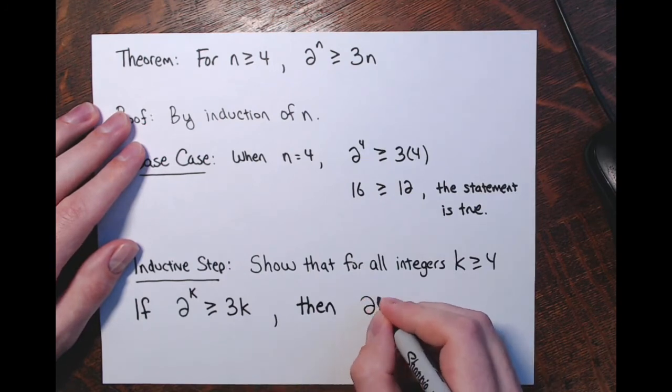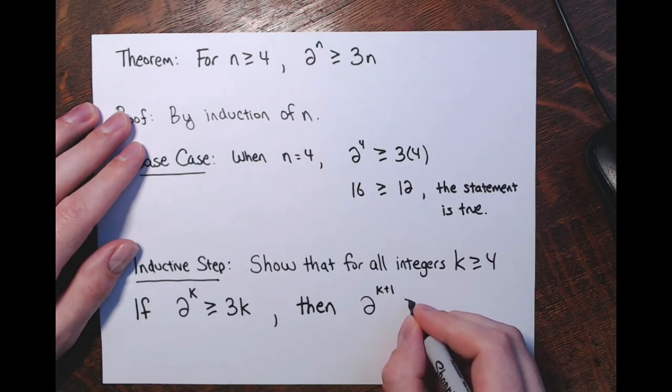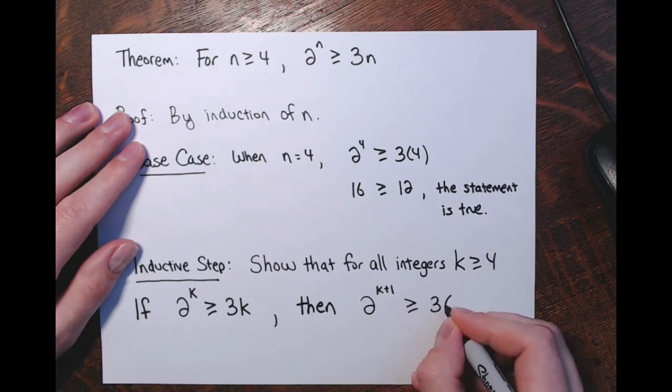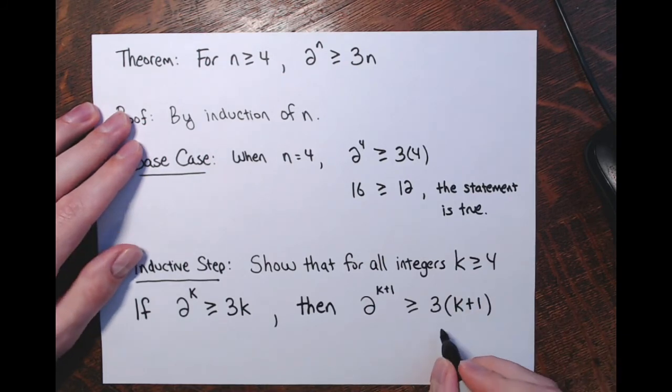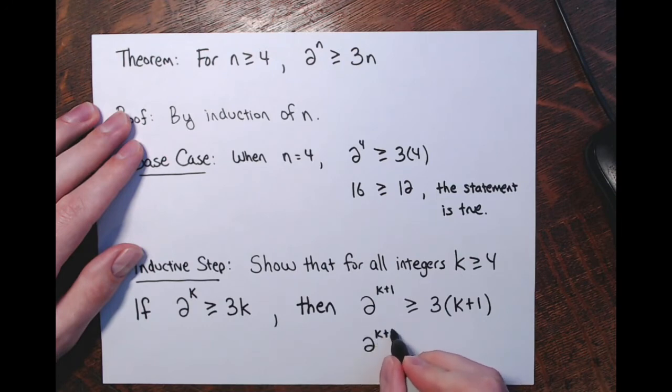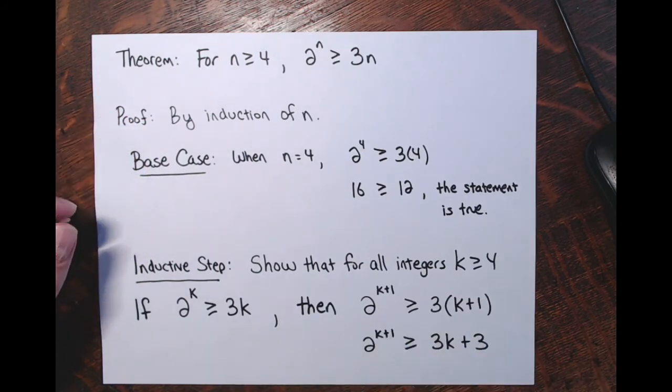So 2 to the k plus 1, show that that's greater than or equal to 3 times the quantity k plus 1. Or, 3k plus 3, 2 to the k plus 1 is greater than or equal to 3k plus 3. Same thing. Show either one of these things and you got it.